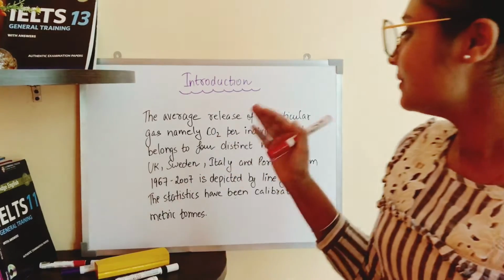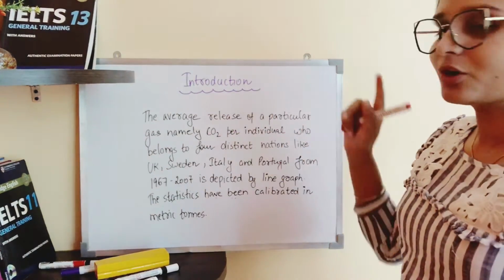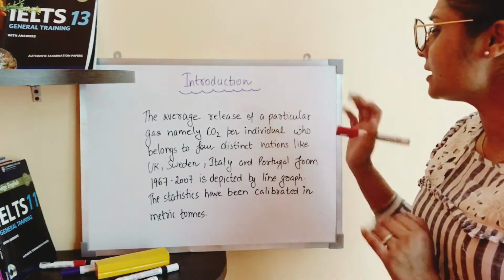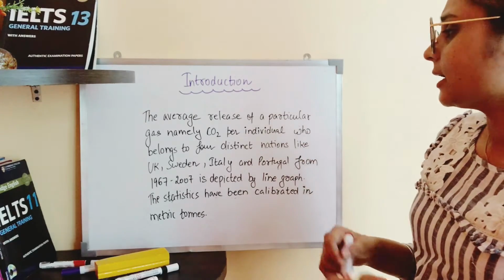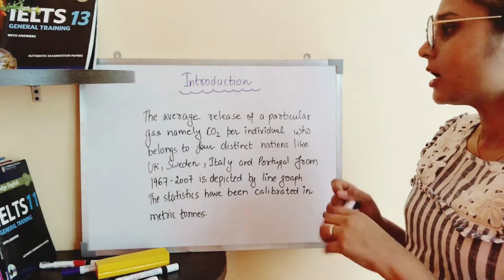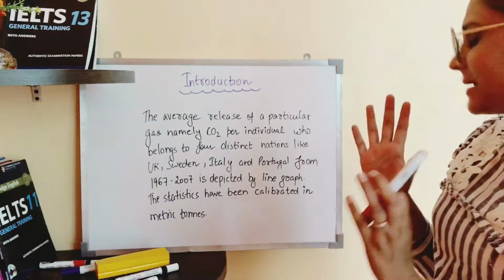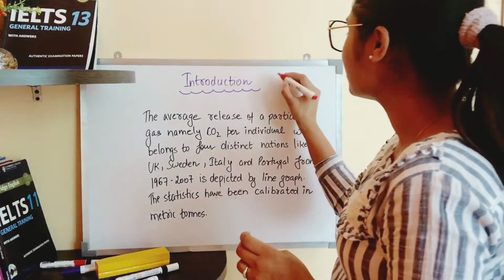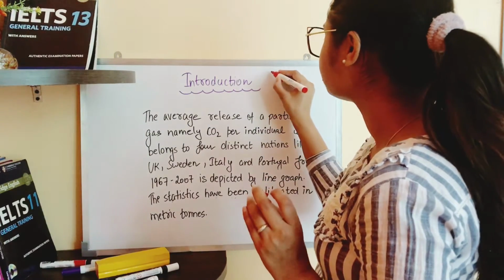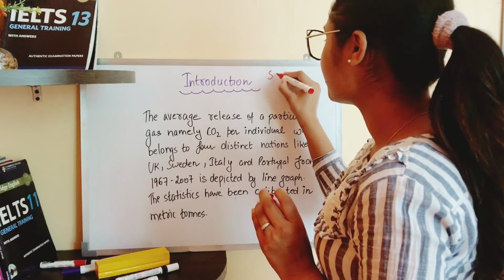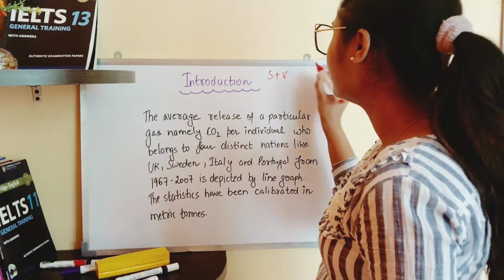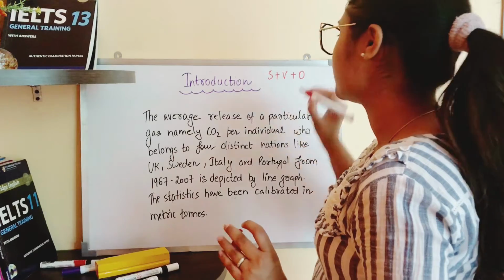So let's start. I will explain how the passive sentence would be. So let's move to the introduction part. What is the passive sentence? Basically, in a normal sentence, we have your subject, your verb, and then your object.